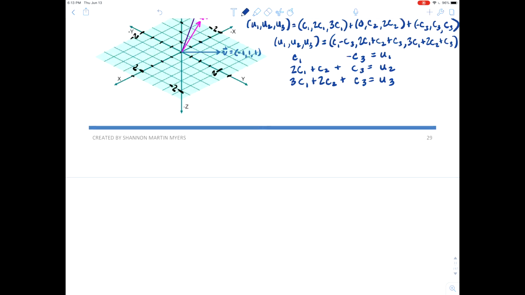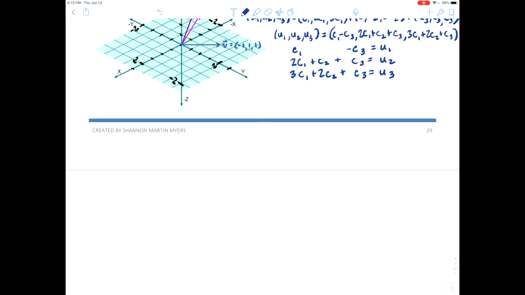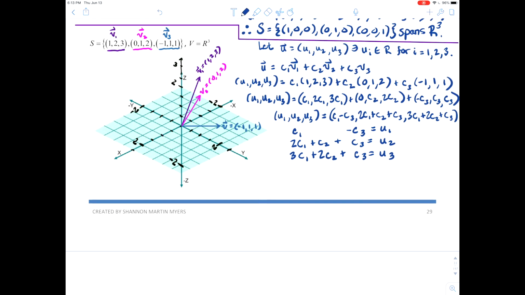I just want to let you know right now that we're going to learn an easier way to find out information about spanning via a theorem in this section, and then in chapter 3, I think, using determinants. But right now we are going to do it the long way, and I know it's going to look a bit abstract, but that's okay, right? Because linear algebra is abstract, all right?